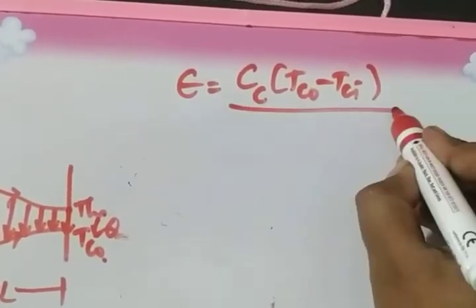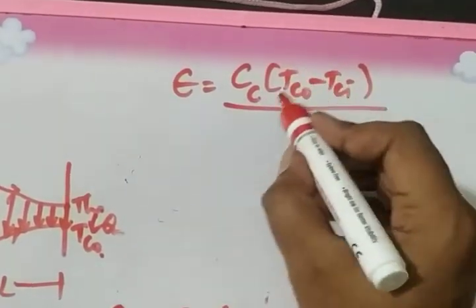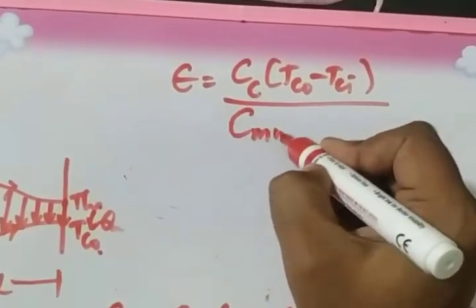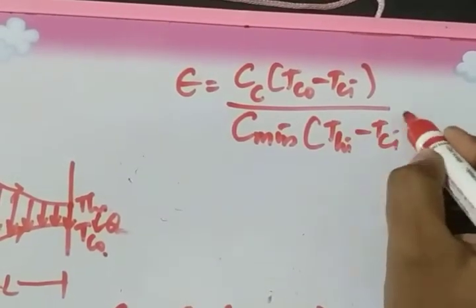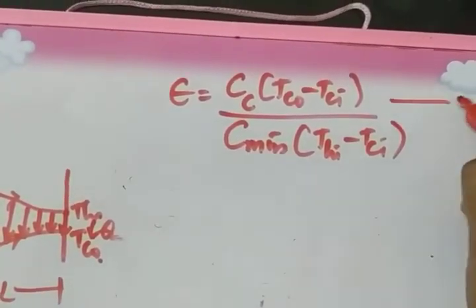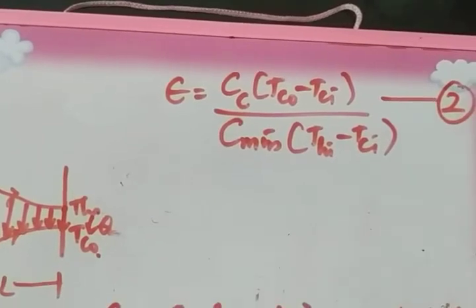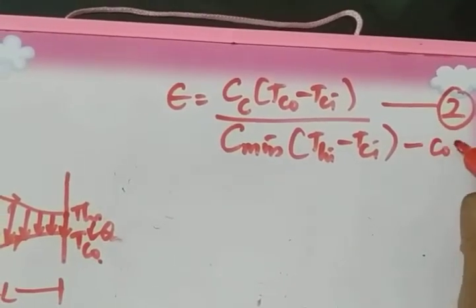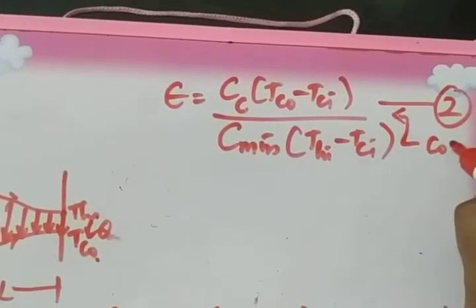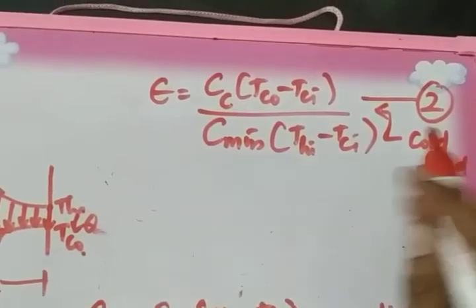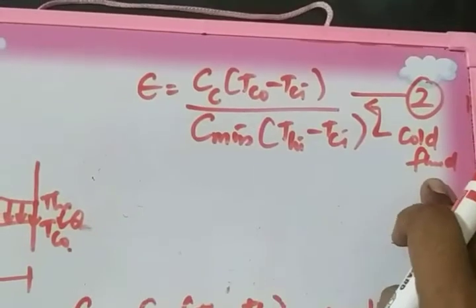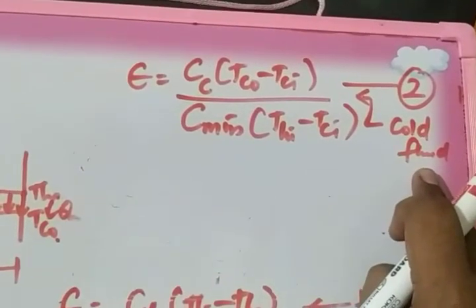So that divided by, again, maximum heat transfer C min into THI minus TCI. So this is one more expression, say it as equation 2. This is considering cold fluid, or you can say effectiveness based on the heat transfer rate of cold fluid.